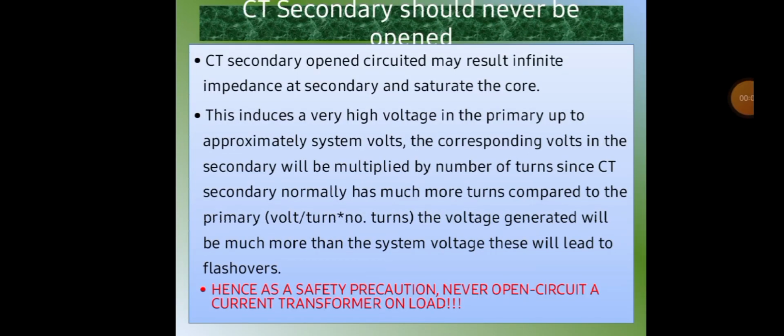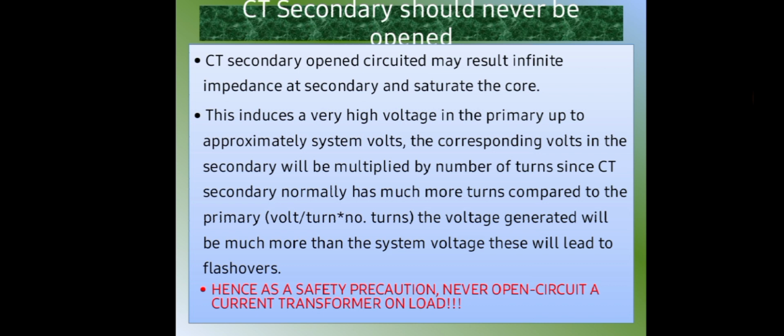The other topic of today's video is that the CT secondary should never be open. An open circuit CT secondary results in infinite impedance in the secondary and saturates the core. This induces a very high voltage in the primary, up to approximately system voltage.